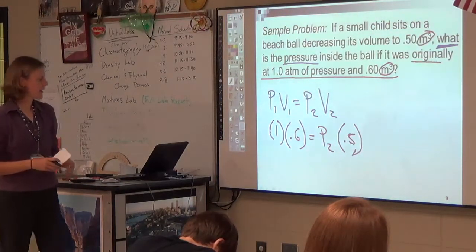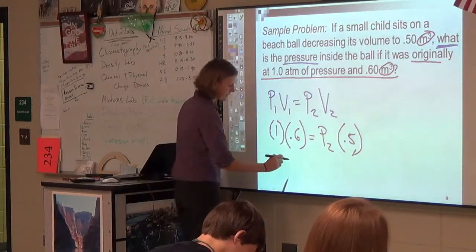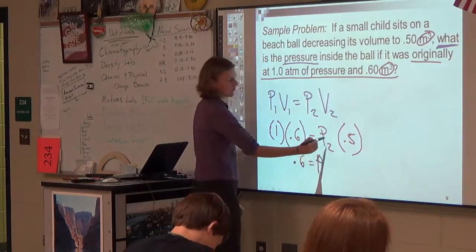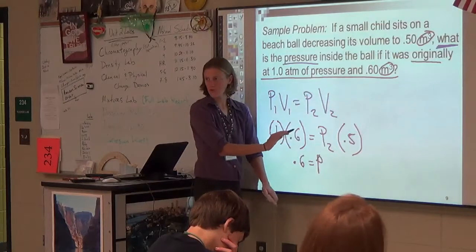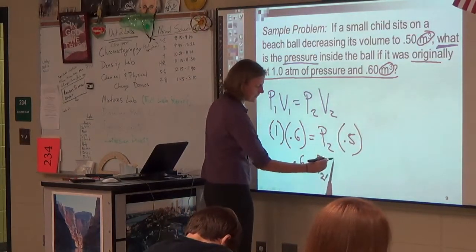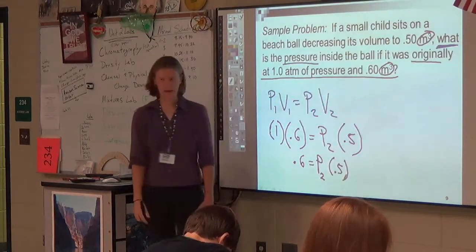And I can actually go ahead and simplify and decide what's 1 times 0.6. And, you know, these ones and twos, don't think the 2 means you've got to divide by 2 or do anything with the 2 at all. It's just saying it's the second pressure. Don't try to square anything. So we simplify down to that.